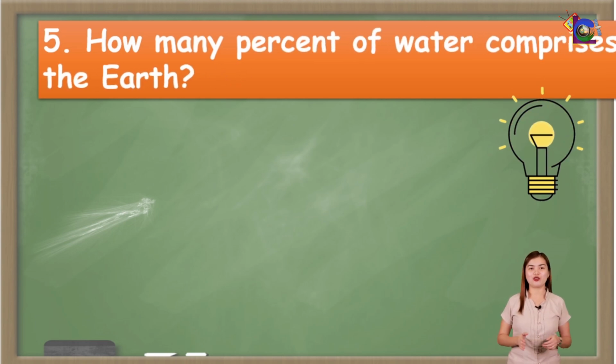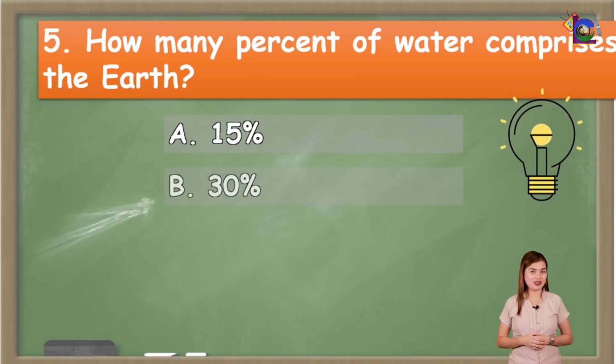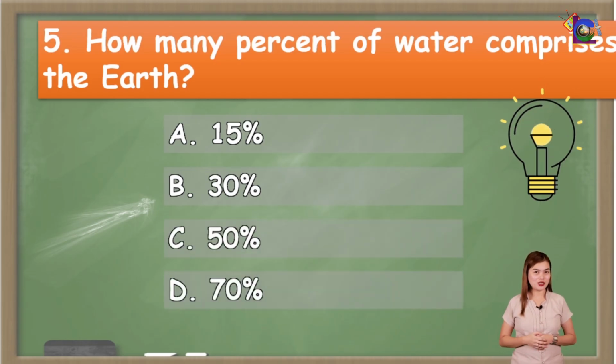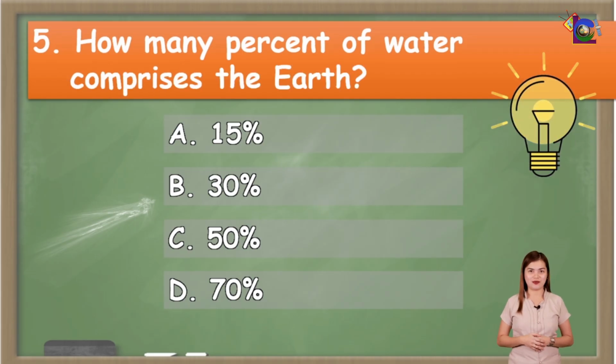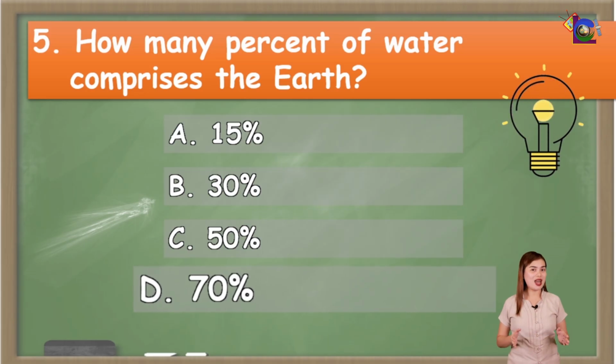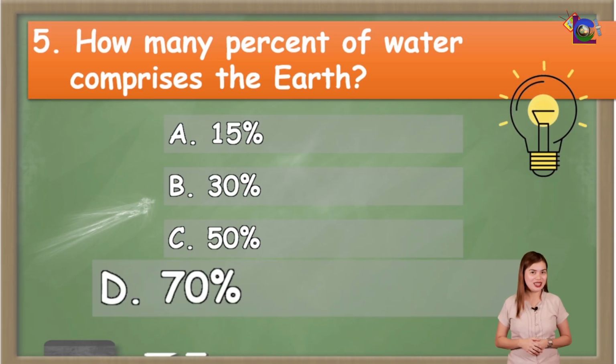How many percent of water comprises the Earth? Is it A, 15%, B, 30%, C, 50%, or letter D, 70%? The correct answer is letter D.